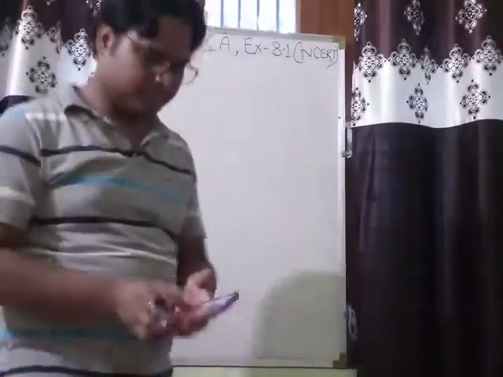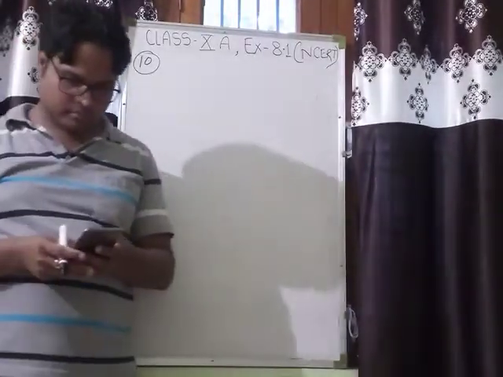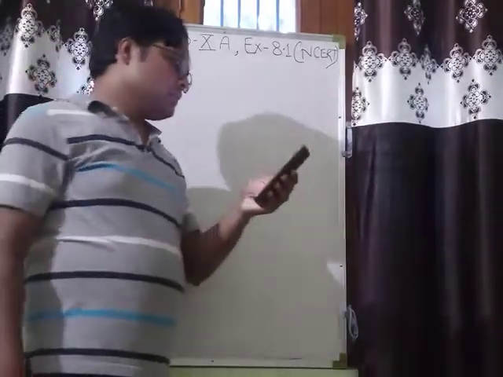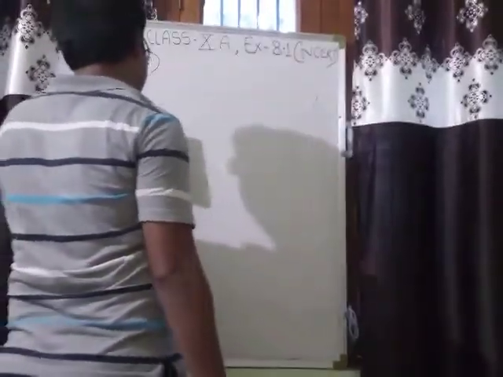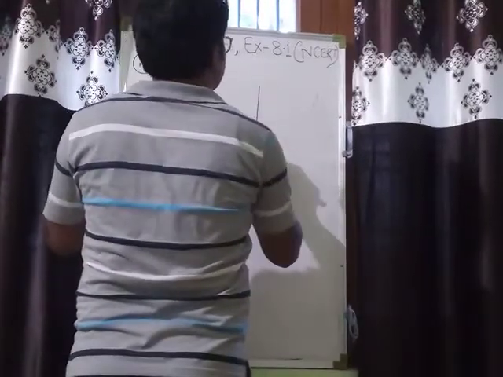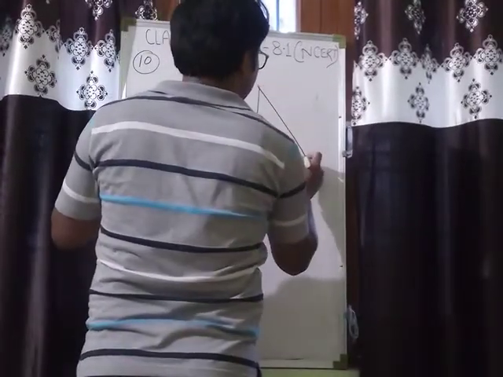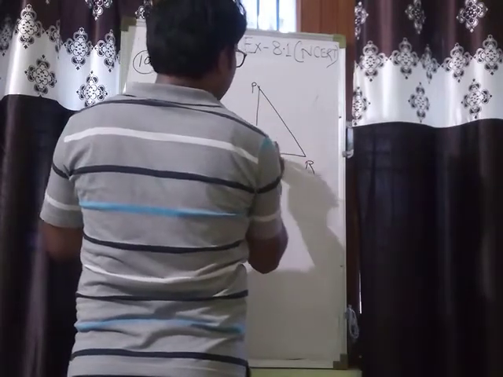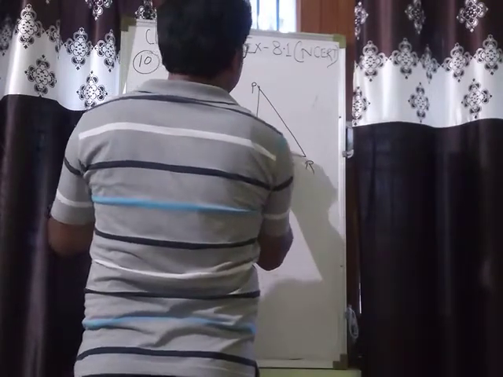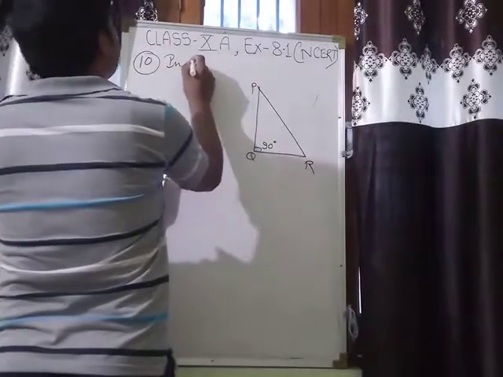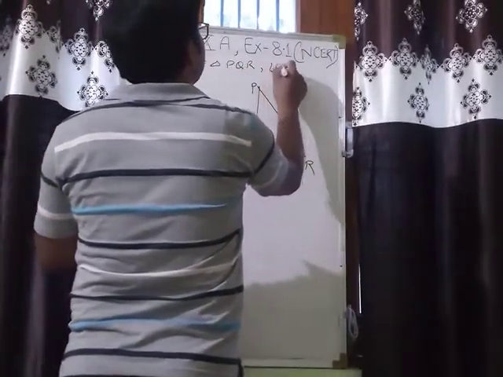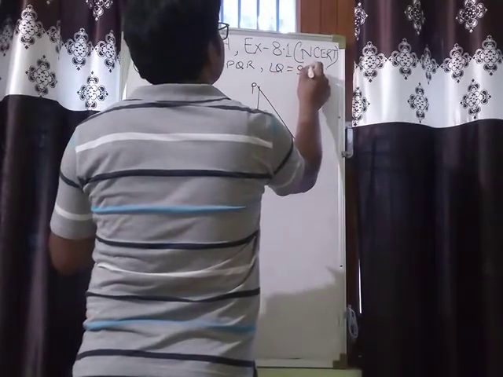Question number 10. In triangle PQR, right angled at Q. This is a triangle PQR, right angled at Q, which means angle Q is 90 degrees.